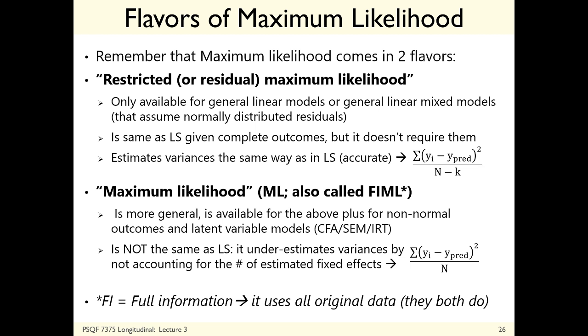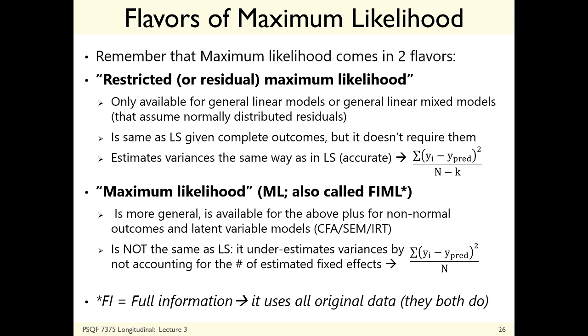So the formula by which variances are either estimated or calculated, depending on whether you have missing data, is n minus k on the bottom for the variance thing here, where k is the number of fixed effects. If you look down here, regular flavor maximum likelihood is missing the minus k. That's the difference.